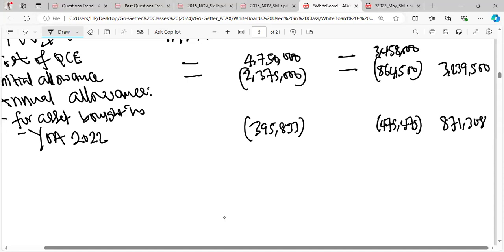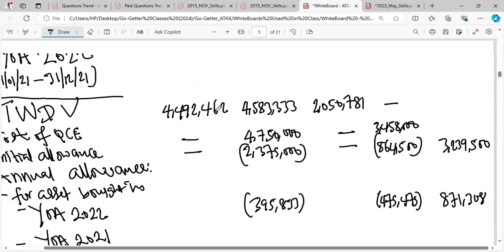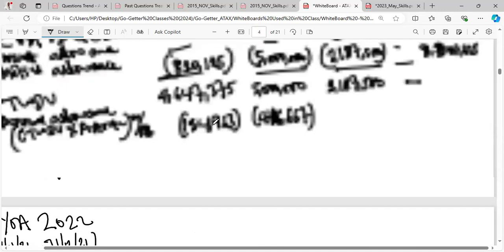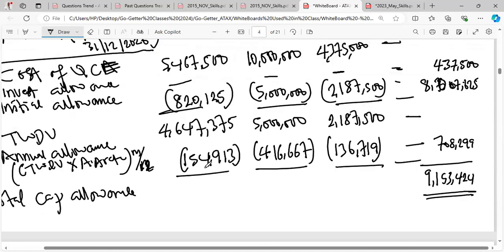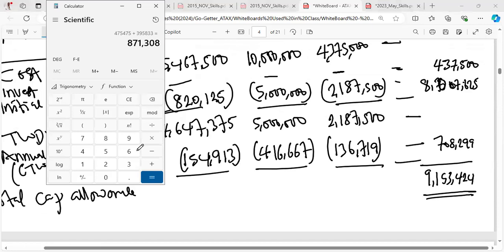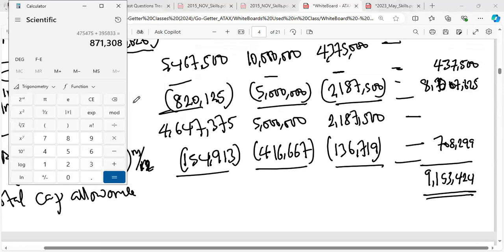All right. Then the next thing we'll do here, we'll say for year of assessment 2021, the one bought the previous year, we just calculate the annual allowance. We'll go back and do it as before, but this time we will not be putting the number of months, because now it has been used for 12 months.